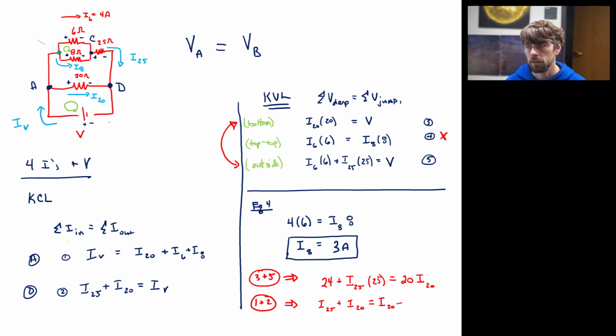Good? Now notice I've eliminated IV, I've eliminated V, and if I compare these two equations, 3 plus 5 and 2 plus 1, between the two equations, I have two unknowns. I have I20, I have I25.